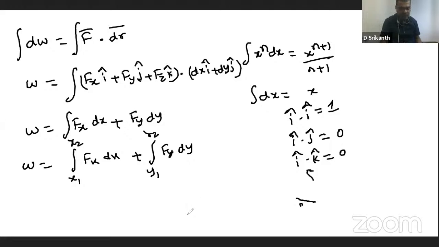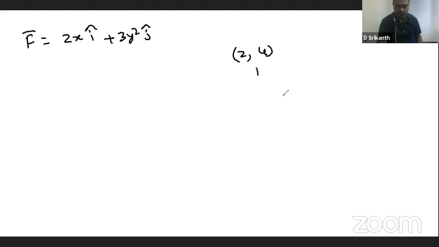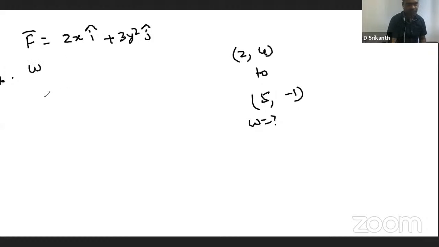Let us consider a question: F bar is equal to 2x i cap plus 3y square j cap, such that the particle is changing position from (2, 4) to (5, -1). I need to find the work done.